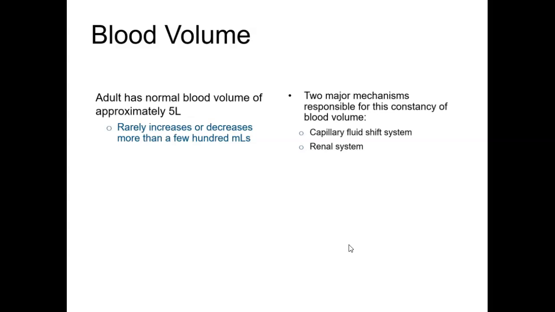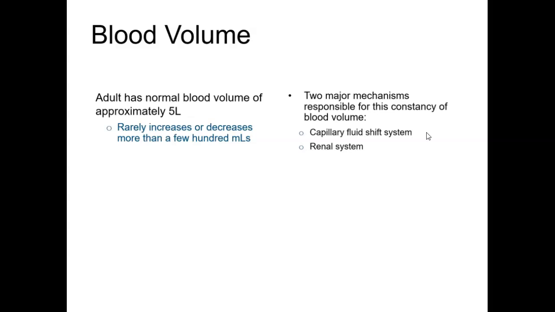This is the mechanism that actually happens with congestive heart failure. If there's too much blood in the pulmonary capillary beds, then you have that capillary fluid shift out into the interstitial spaces and into the alveoli, and you end up with pulmonary edema. When this happens too much, you get edema and the issues that are caused there.